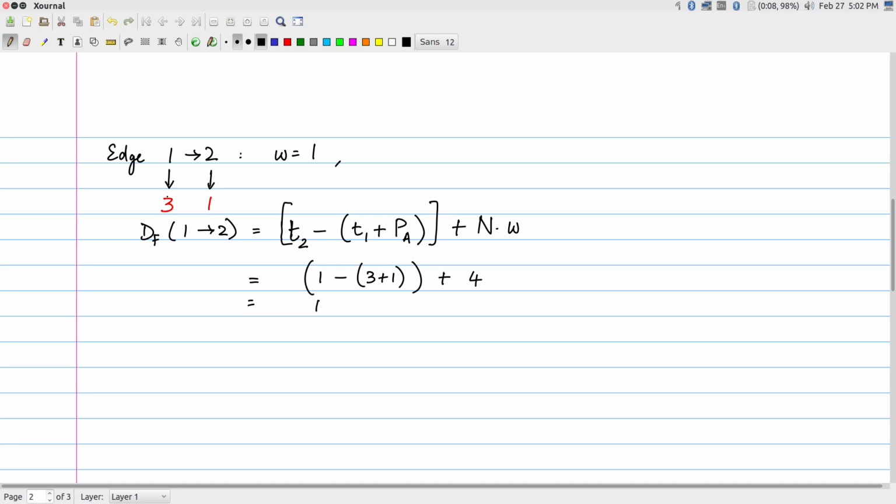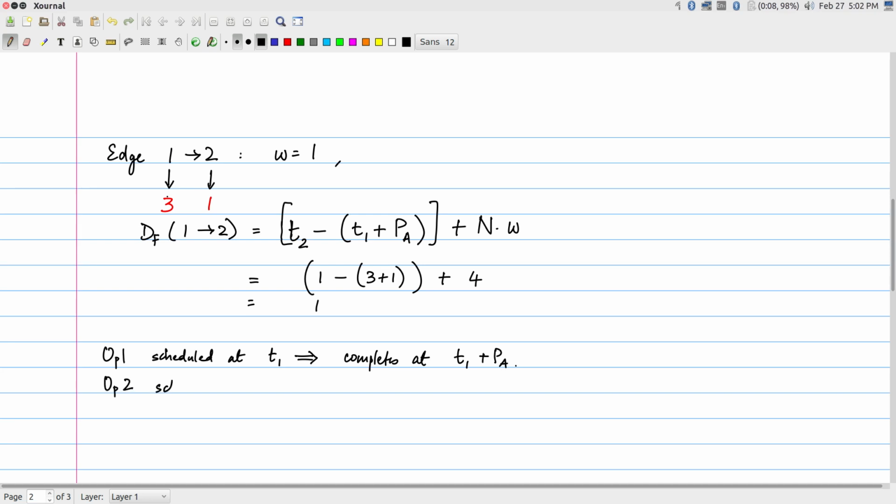Another way of looking at this: operation 1 is scheduled at time T1 and completes at T1 plus PA.